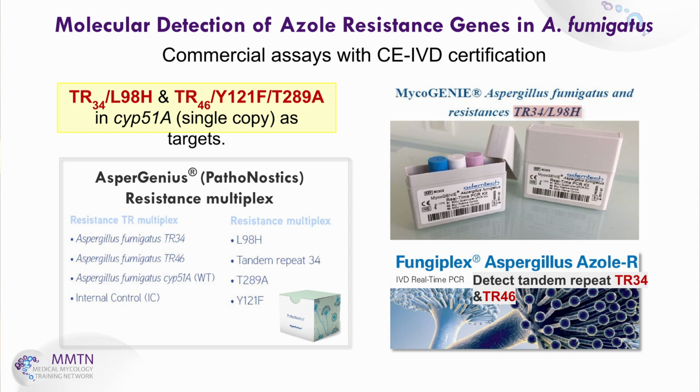Another issue to mention is that although molecular detection of azole-resistant mutations directly on clinical samples is promising, unlike ITS, which is a multi-copy gene, the cyp51A gene is a single-copy gene. So if the fungal load in the clinical sample is very low, it will not be possible to detect the azole resistance.